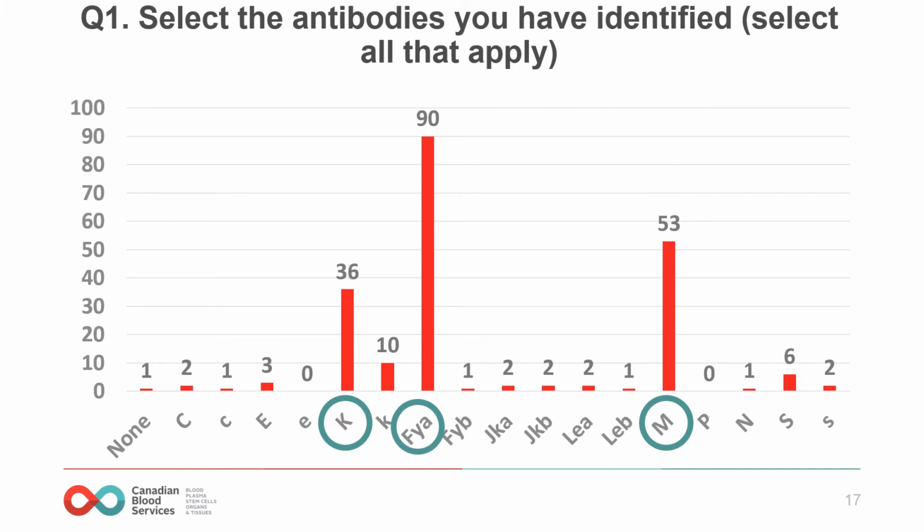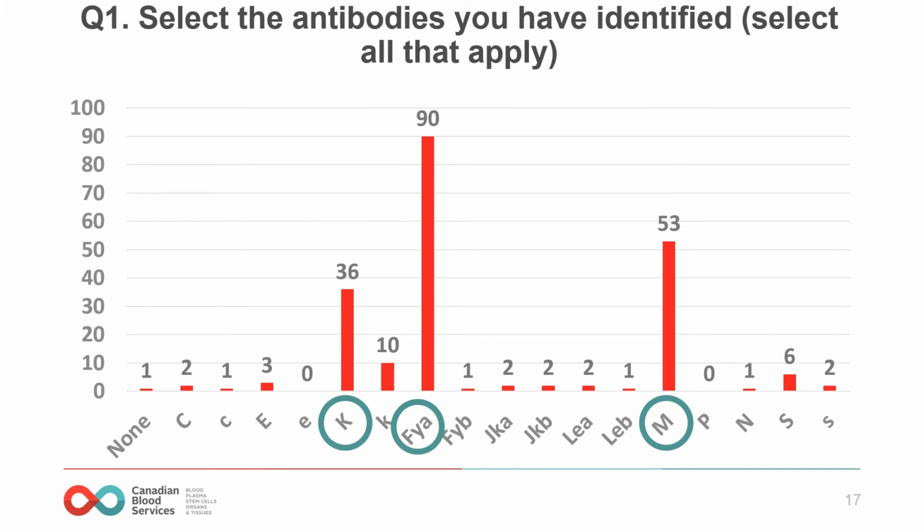Out of those three antibodies, a lot of people identified the anti-Duffy A, and not a lot the anti-big K. For the M, which I personally tested, I was not able to really see it in immediate spin, but it is good that 53 of the participants actually identified the anti-M.